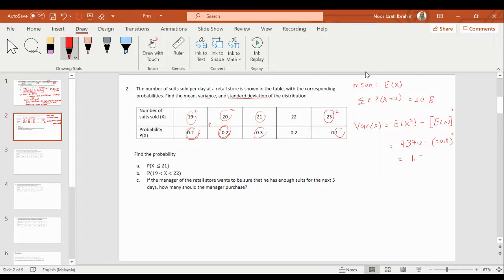And this will be 1.56. And standard deviation will be square root of variance 1.56, which is 1.249.